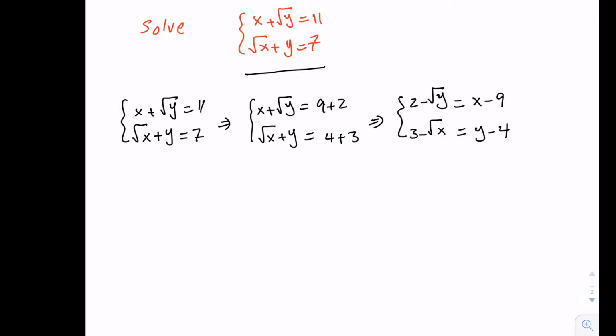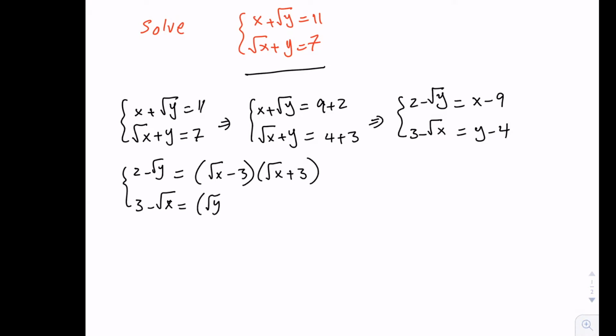We keep the left hand side as is, 2 minus square root y, but the right hand side I can write as square root of x minus 3 times square root of x plus 3, and for the second equation I can write the right hand side as square root y minus 2 times square root y plus 2.